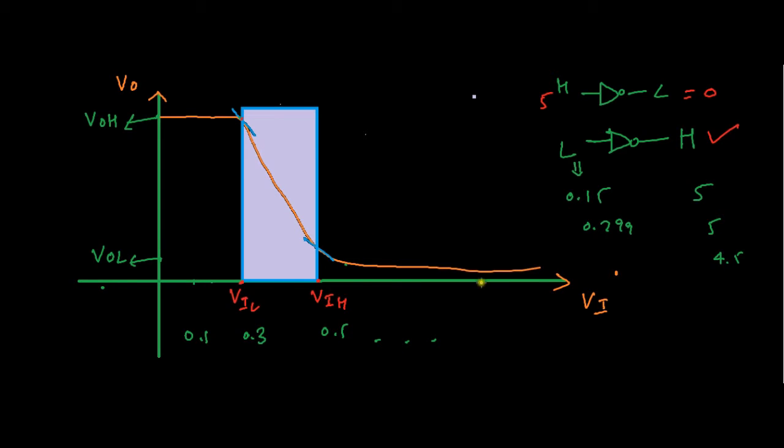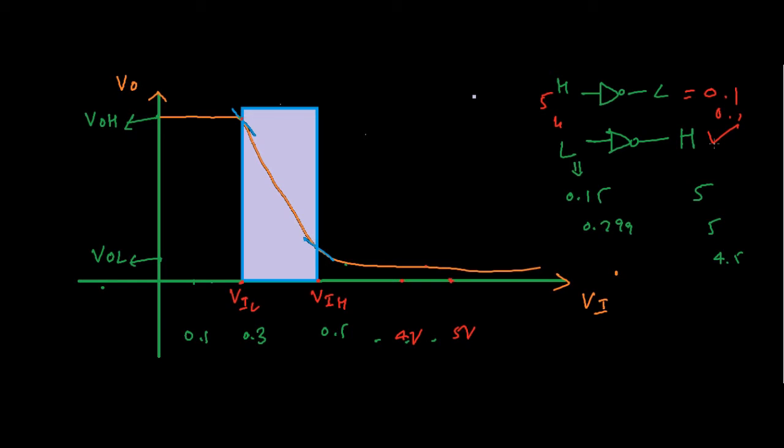That is here. That is not 0, it is 0.1. So at this point, say I am here, VI is somewhere here, 5 volts. If I give 5 volt, my output will be 0.1. If I give 4 volt, my output will be 0.1.